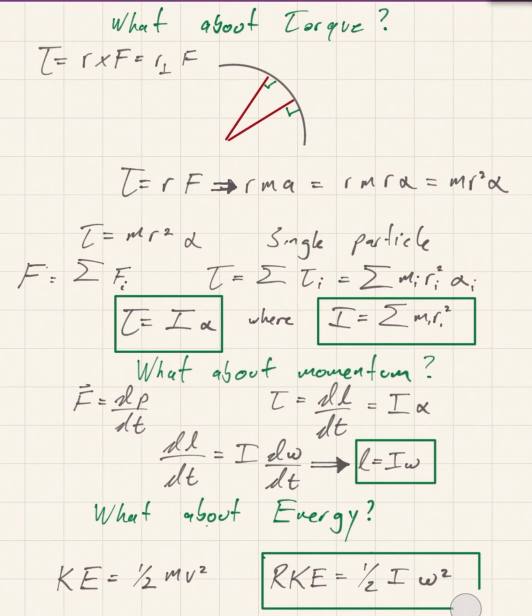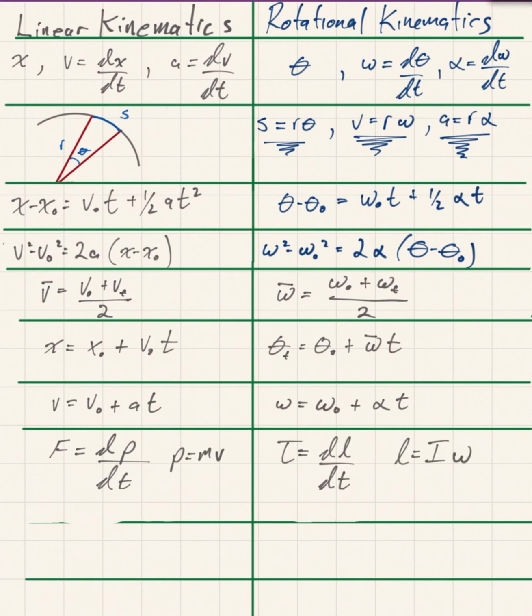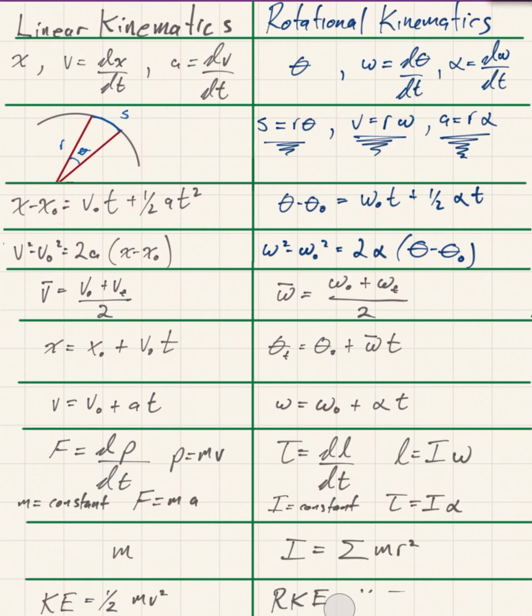Again, this kinetic energy is the kinetic energy that is related to the rotation of an object, not the kinetic energy that is related to the linear movement of an object. And with this, we have concluded the relationships between our linear kinematics and our rotational kinematics.